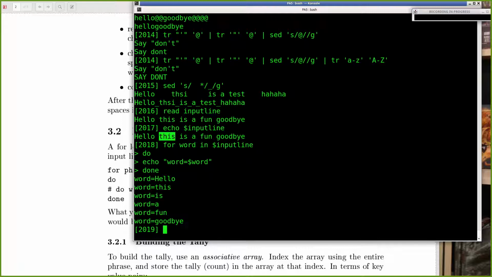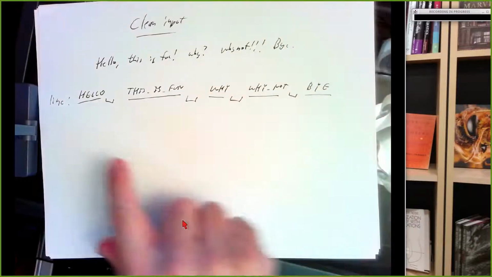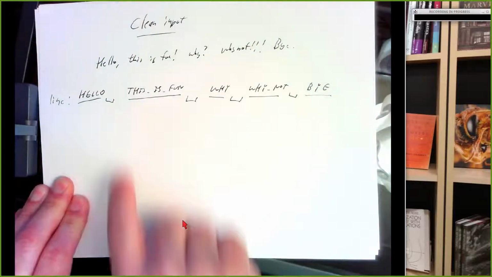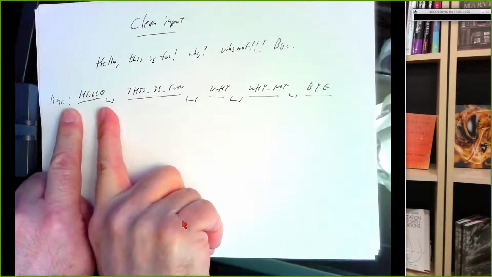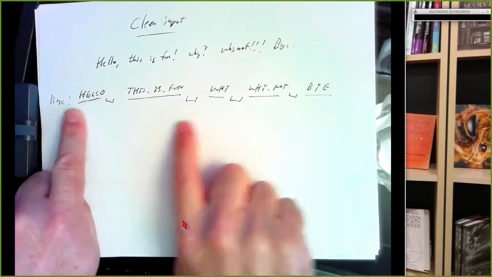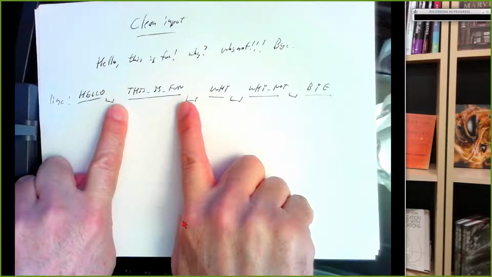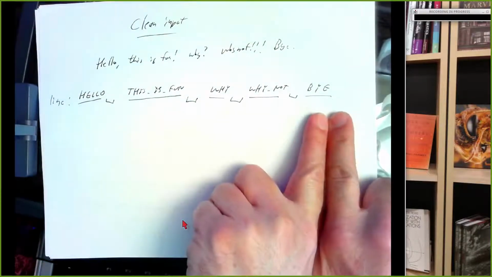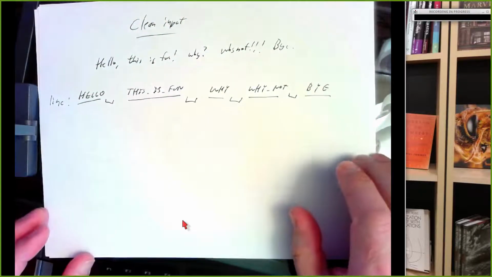So if I do that kind of for-in loop, but I do it on a line that looks like this, the first time through my variable is going to be equal to what? My first phrase, hello. The next time through the loop, it's going to set my variable equal to what? My second phrase, this is fun. And then why not, and then bye.